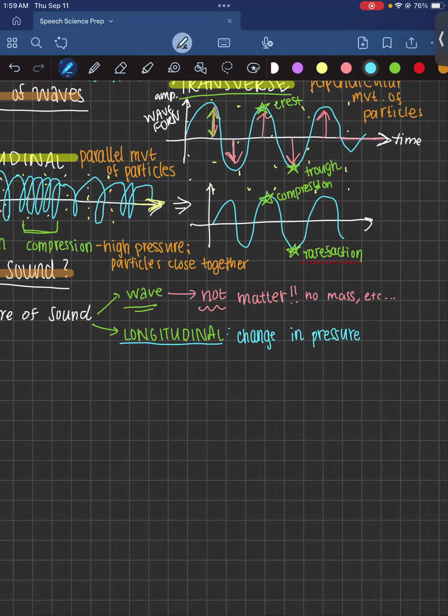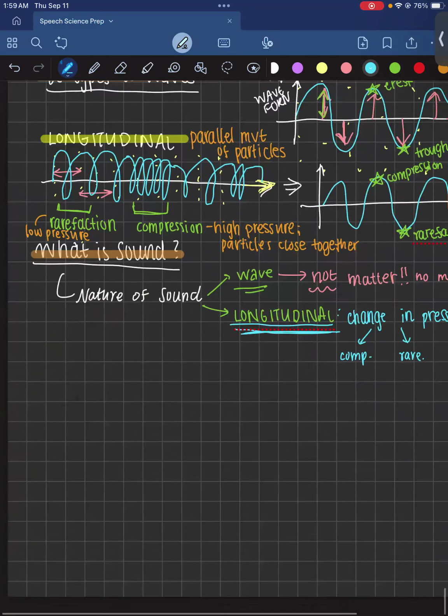So when we hear sound, it's mostly traveling through air, so through a gaseous medium. But sound can also travel through water, and it can travel through solids. So all in all, sound is a longitudinal wave because it's causing this change in pressure, which means that it causes both compression and rarefaction. So remember, compression is high pressure regions, rarefaction is low pressure regions.